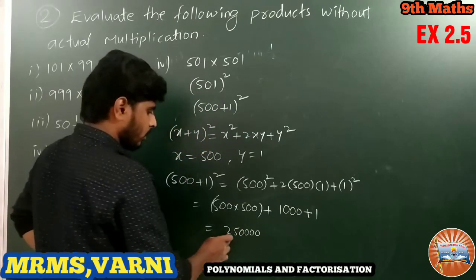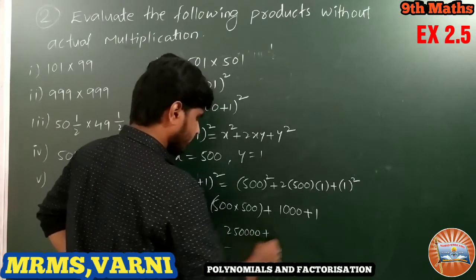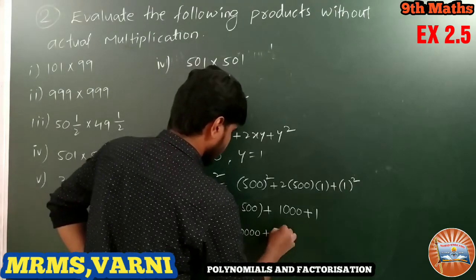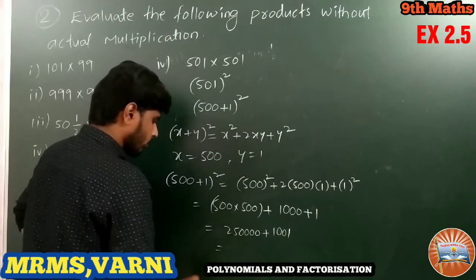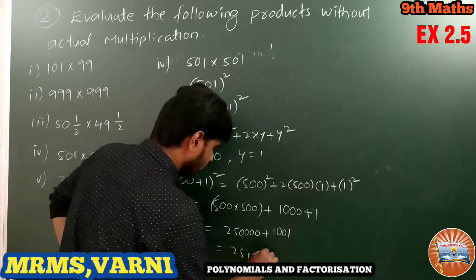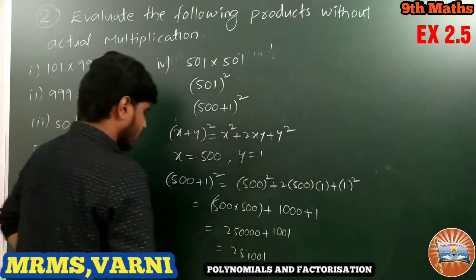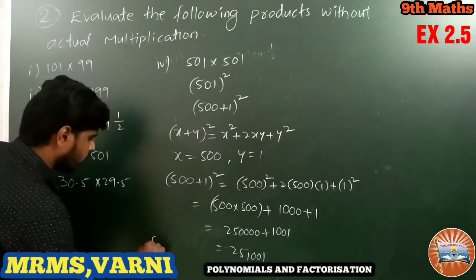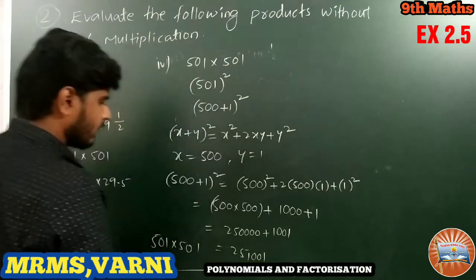Okay, it becomes 2,50,000 plus 1001. So this is nothing but 2,51,001. 2,51,001 is the product of 501 into 501. Okay, this is the answer.